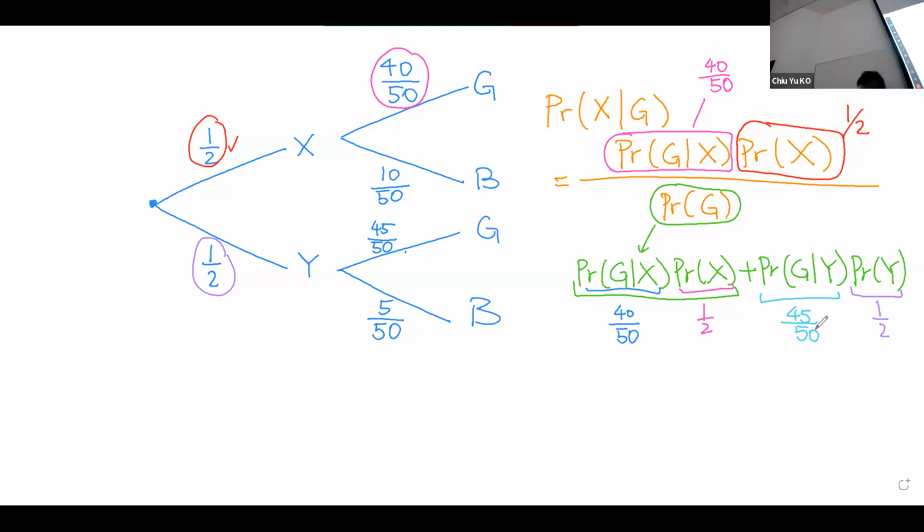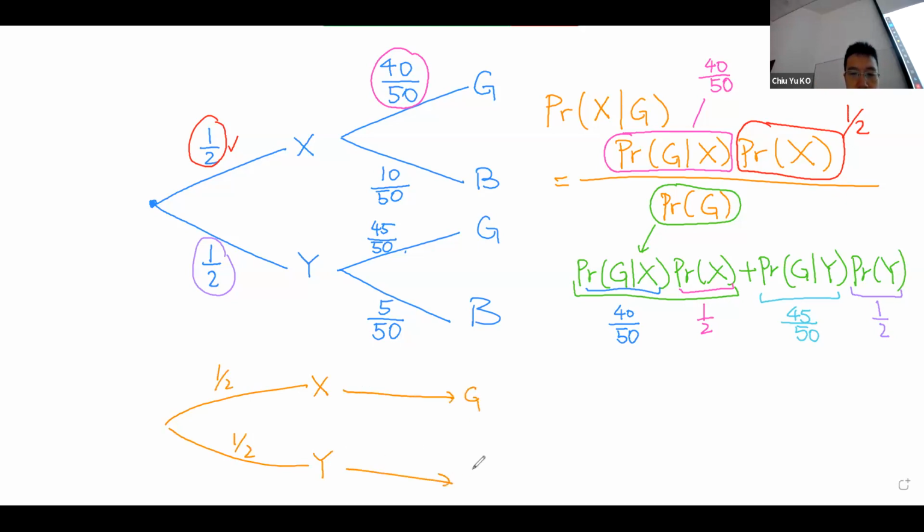And if you try to think more carefully, how we do that is simply because we know G has happened. So basically, the new simplified graph is like this. G is here.